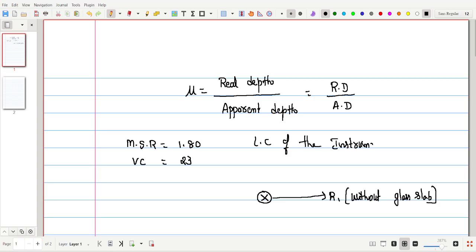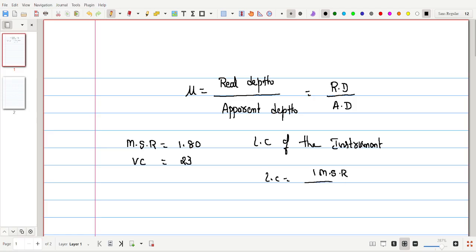Now we need to find the least count of the instrument. How to find the least count of the instrument here? The least count formula is one main scale reading divided by the number of vernier scale divisions.